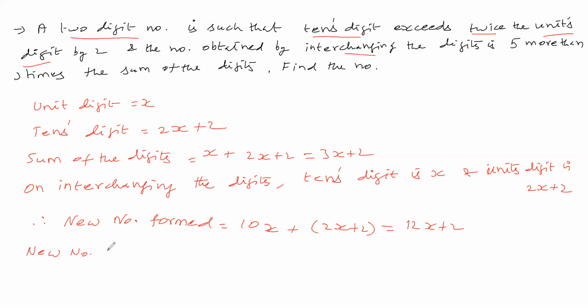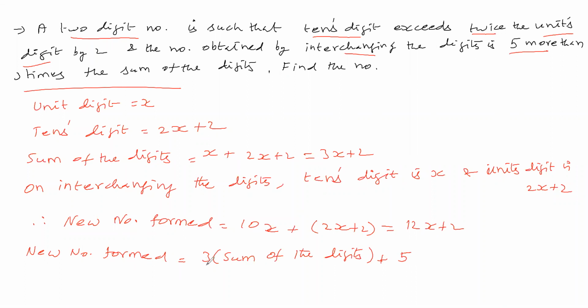Next, the new number formed is equal to 3 into the sum of the digits plus 5, because it is 3 times the sum of the digits and 5 more.